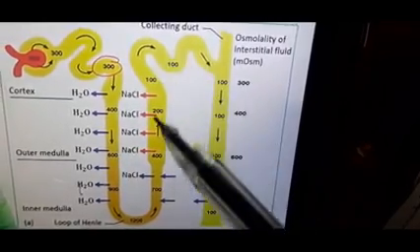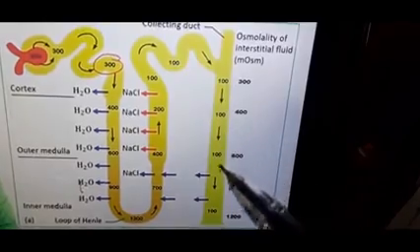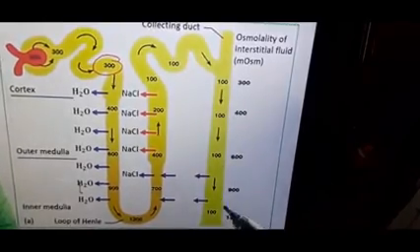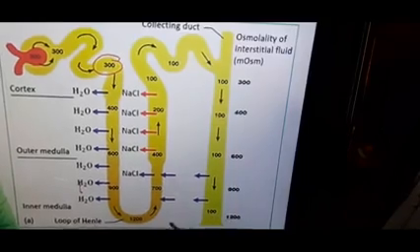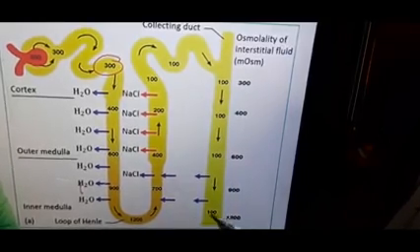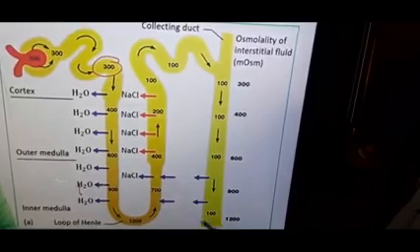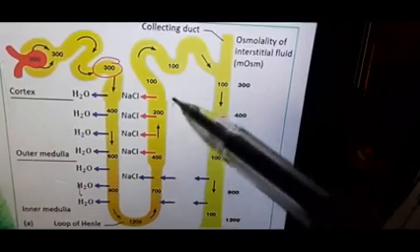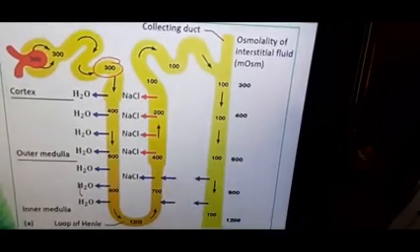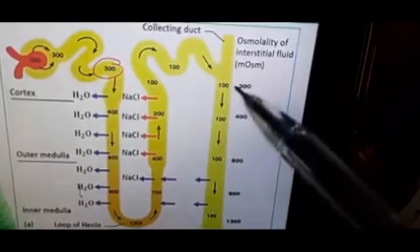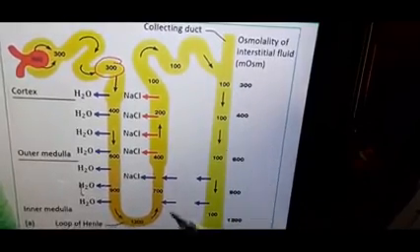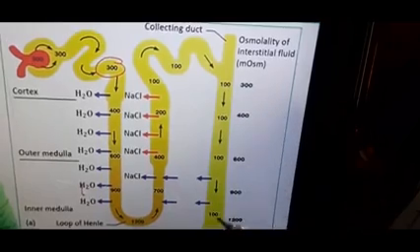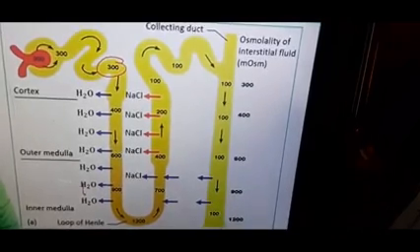So this maintains the hypertonic concentration of the interstitial fluid, because salts are being given into the interstitial fluid, and by the time this filtrate reaches the collecting duct, the urea is also being given into this interstitial fluid, which is passing back into the blood capillaries here. So it is making the urine more and more concentrated.